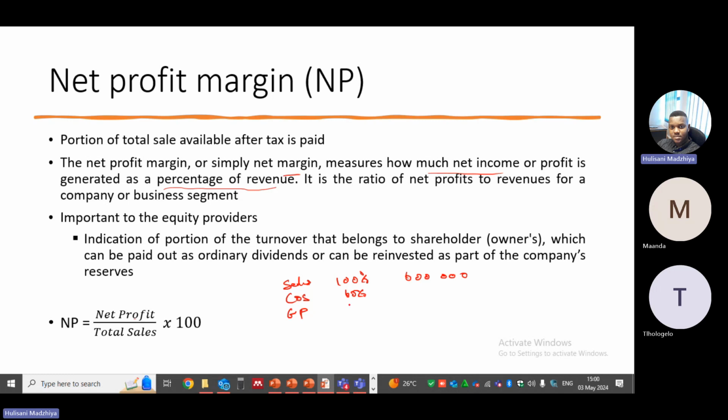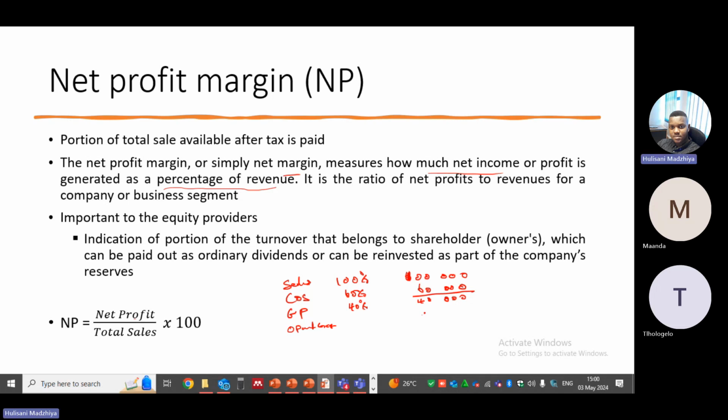I'm not sure how much the figure will look like, so let me just say 100,000 to make this more realistic and easy to do. Therefore here we'll have 40,000 as gross profit, and as a percentage it will be 40%. And then here you have your operating expenses.